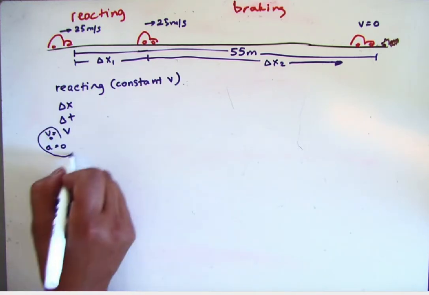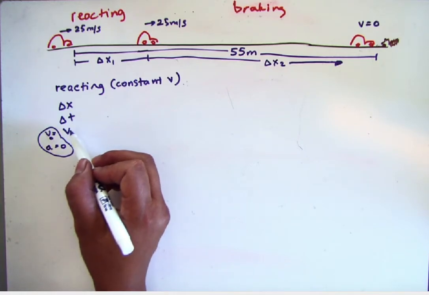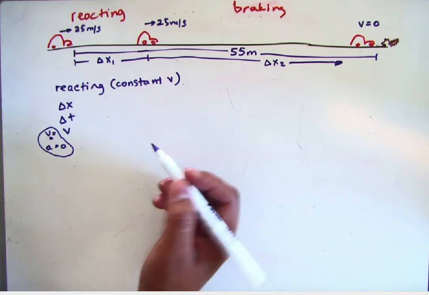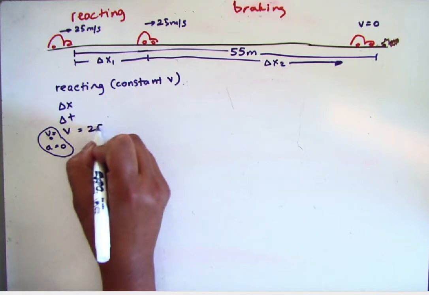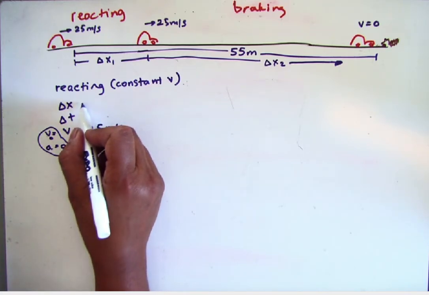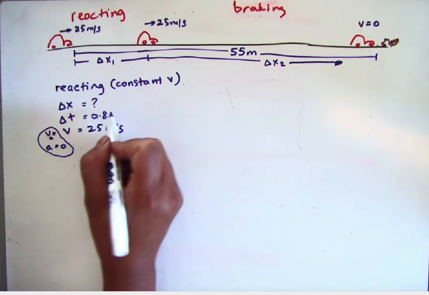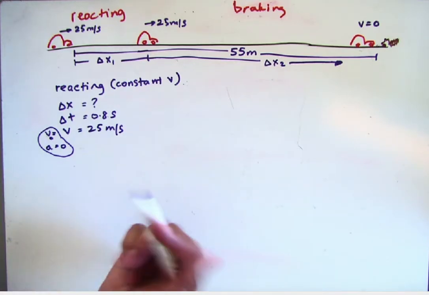In other words, the average velocity is equal to the instantaneous velocity throughout this whole interval. We know this is 25 meters per second. We don't know this, but we know that it takes 0.8 seconds for me to react before I realize that there's a squirrel on the road in front of me.